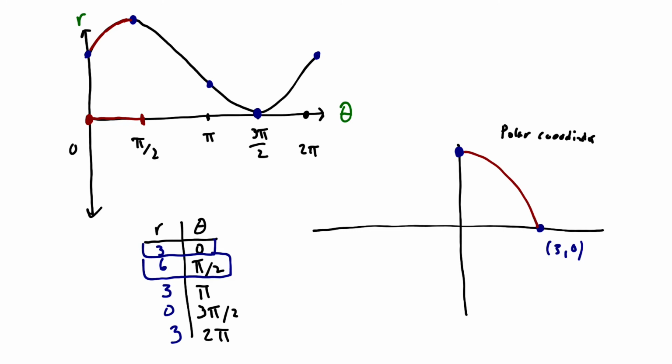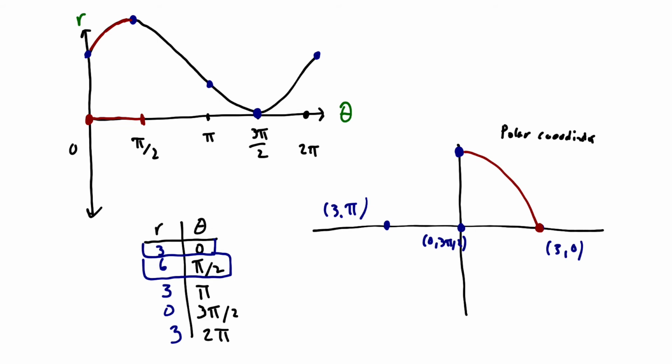We have (3, pi), which is given by this point here. We have the point (0, 3 pi divided by 2), which is this point here. And our final point is going to be given by (3, 2 pi). So we end up back over here.